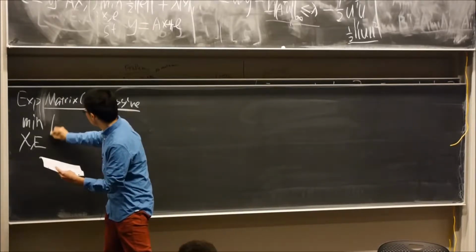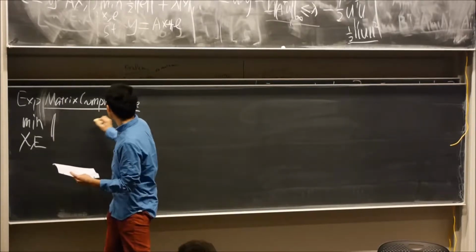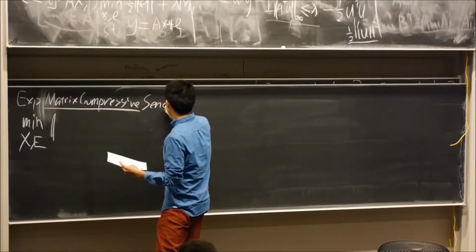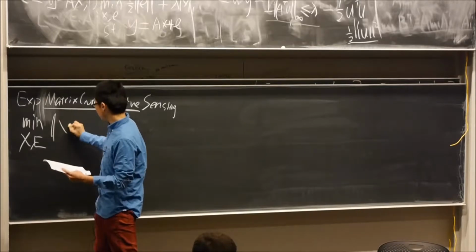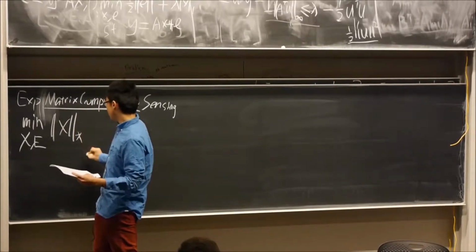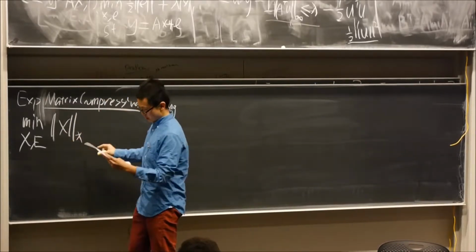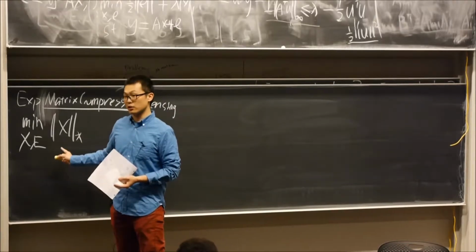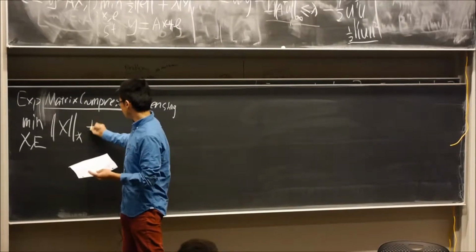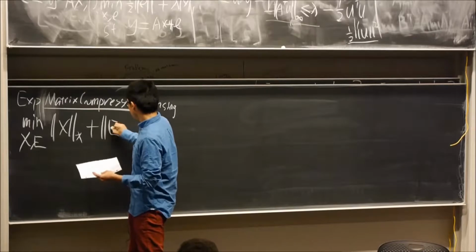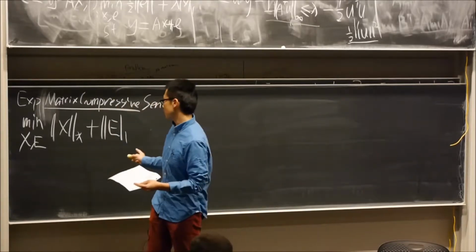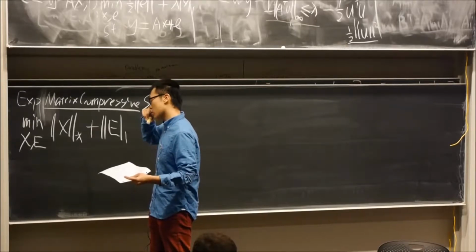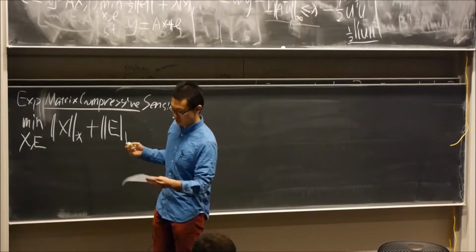The matrix compressive sensing is written like this. We assume X is low rank, so we are minimizing the nuclear norm of X plus the one norm of E, because we assume E is sparse. So this is like a classical low rank and sparse decomposition task.